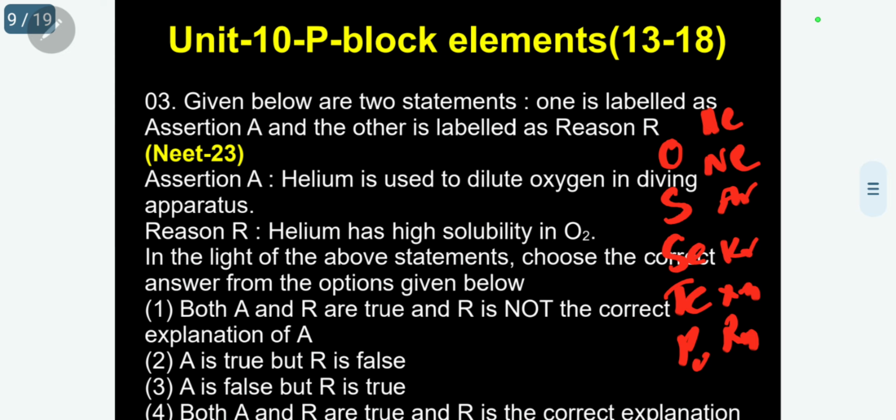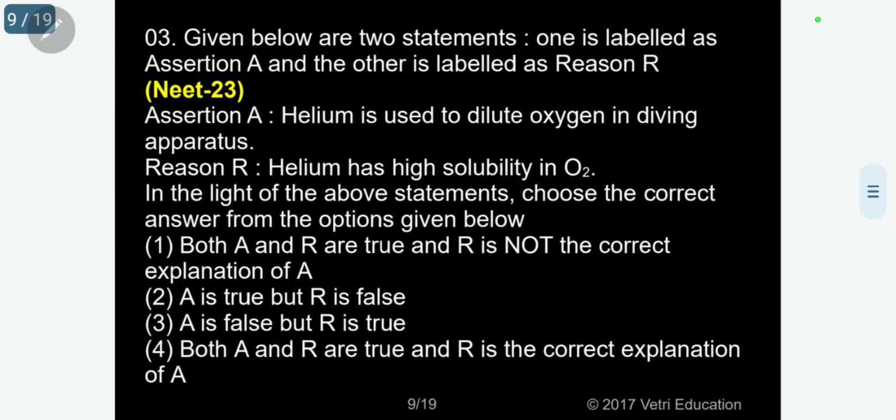So what is assertion A? Helium is used to dilute oxygen in diving apparatus. Reason R: helium has high solubility in O2. In the light of the above statements, choose the correct answer from the options given below. So you carefully read the statement and then select the suitable answer. 1.